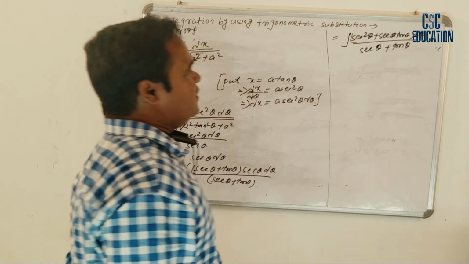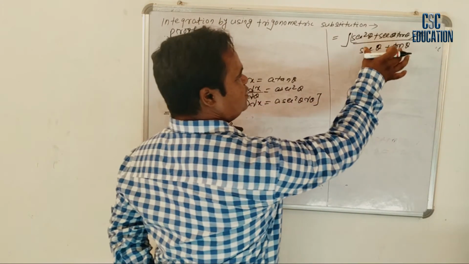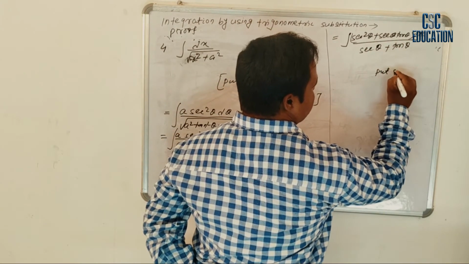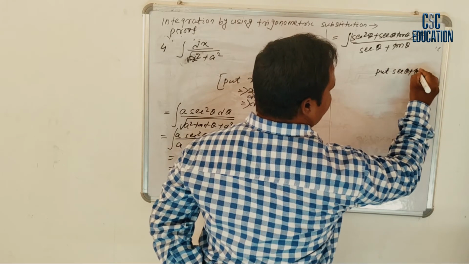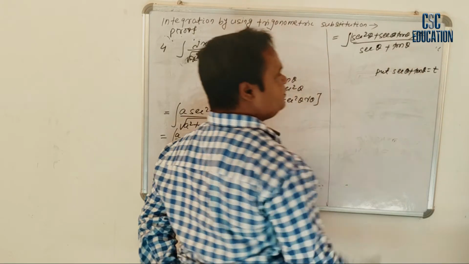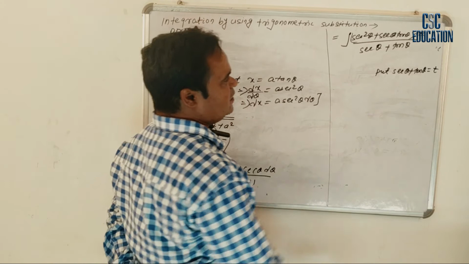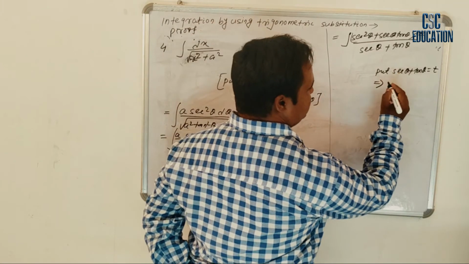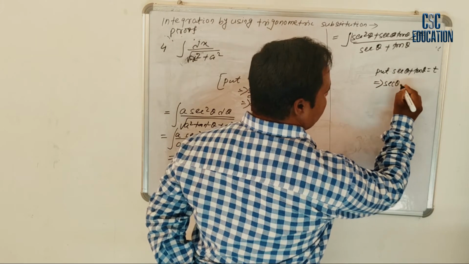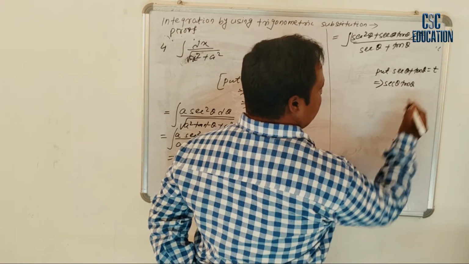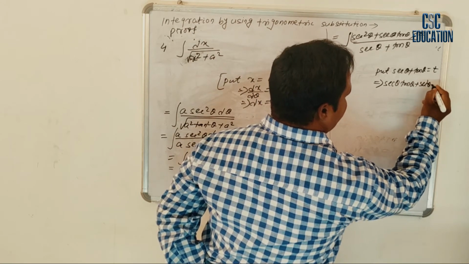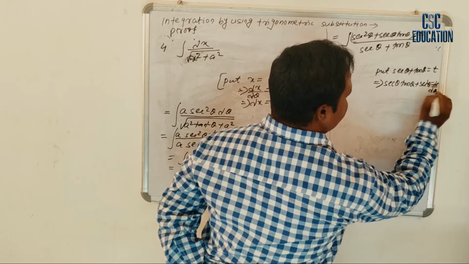Now substitute: put sec theta plus tan theta equals t. t is a function of theta, so dt by d theta: the derivative of sec theta is sec theta tan theta, plus the derivative of tan theta, which is sec square theta, equals dt by d theta.